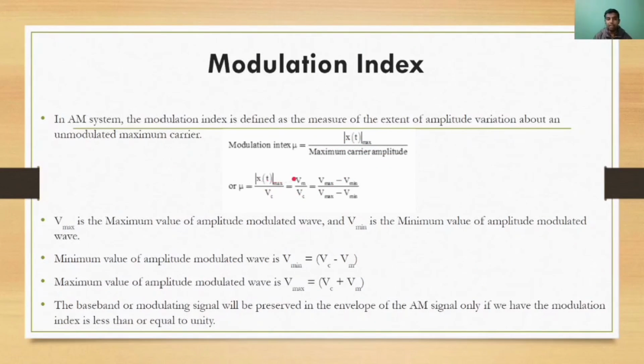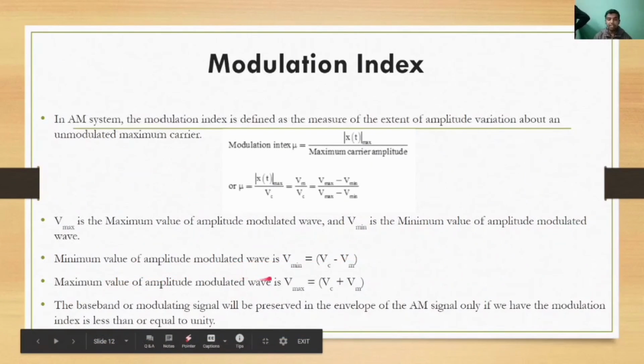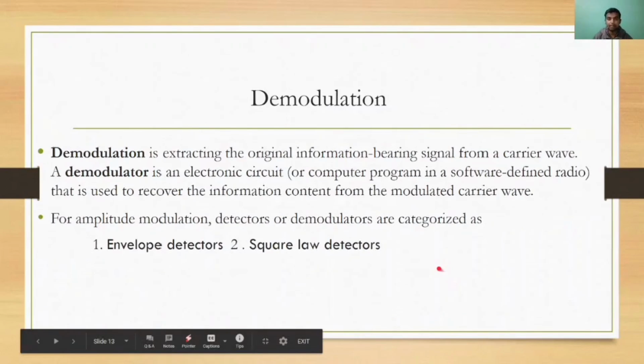If we take Vm to be the maximum message signal amplitude, we can write it as (Vmax minus Vmin) upon (Vmax plus Vmin), where Vmax is the maximum amplitude of the modulated wave and Vmin is the minimum value of the amplitude modulated wave. Vmin is equal to Vc minus Vm, and Vmax is equal to Vc plus Vm. Also, it is important to ensure that the modulation index is always less than or equal to unity, to preserve the envelope of the AM signal.